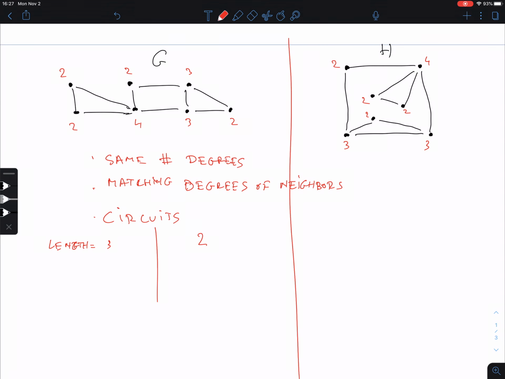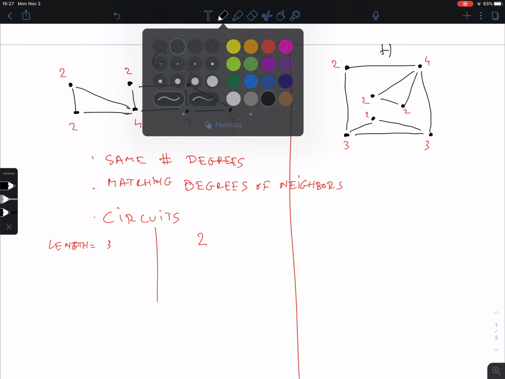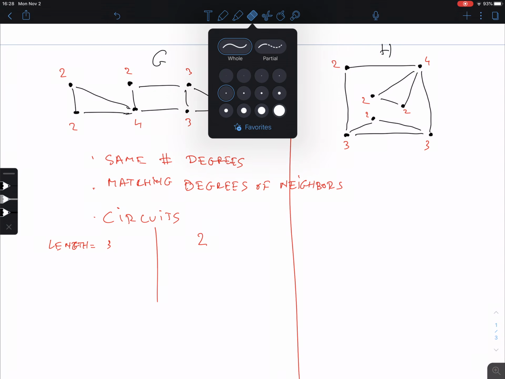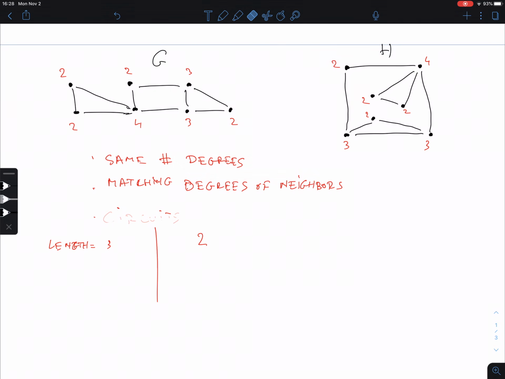Let me do this in black. I don't know why I all of a sudden went in red, because I'm going to use red for degrees. So I want to write all this in black and get a little bit cleaner anyway. This can go. I won't write these two other things.